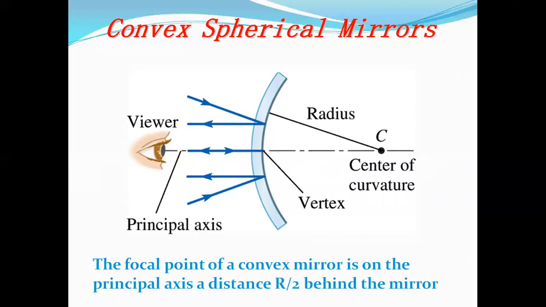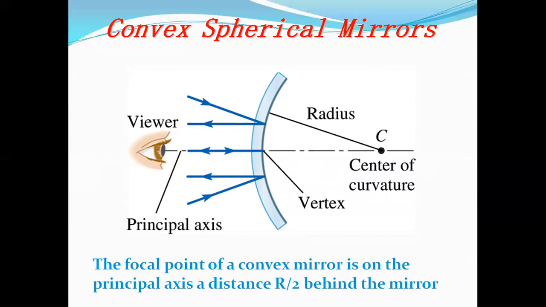A convex mirror is a curved mirror in which the reflective surface is bulged towards the light source. That means the outer surface of a spherical mirror is a convex mirror if it reflects light.